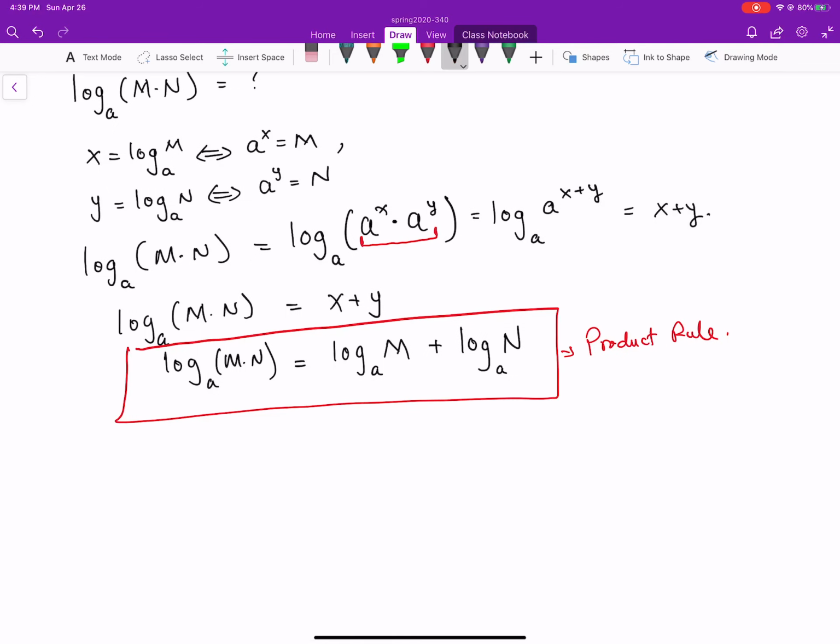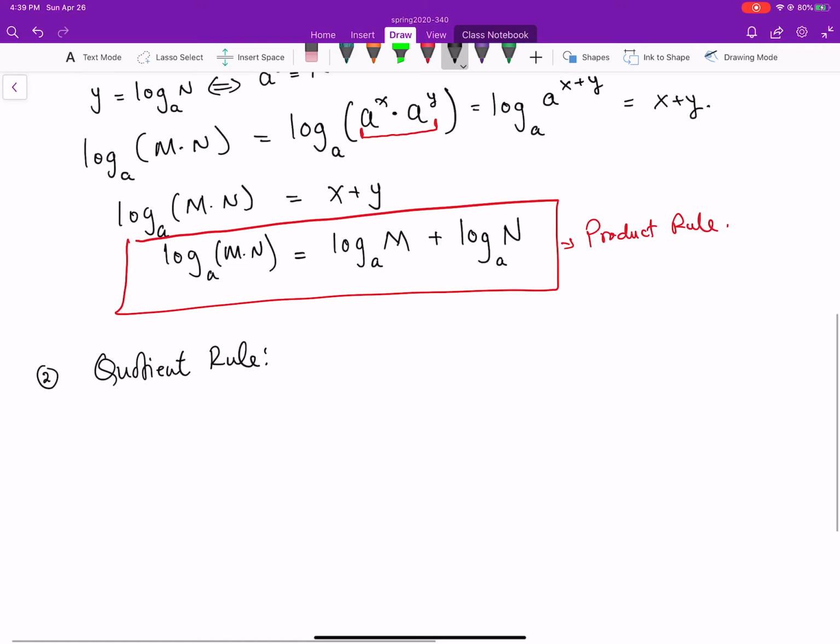So the second one is called the quotient rule. Quotient means we're dividing. So we're looking at log a of m over n, and we're trying to figure out what this is equal to.